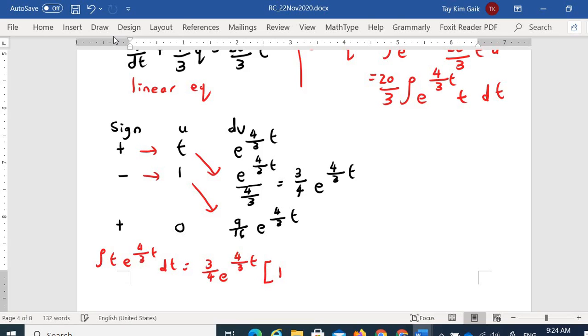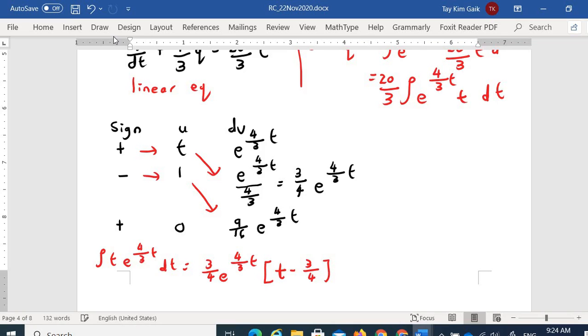The second result is negative. We already factored out this one, so you factor out 3/4 and you still have negative 3/4. So this is t. First result: t times 3/4 e^(4/3 t). Second result: negative 3/4 times 3/4, negative 9/16 e^(4/3 t).